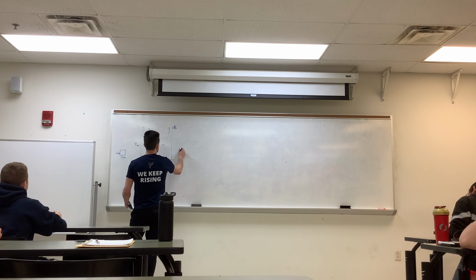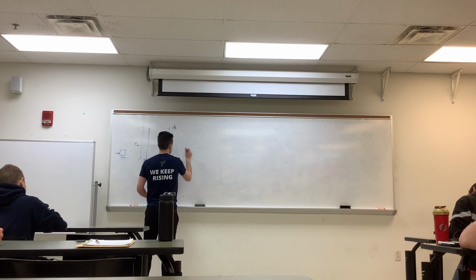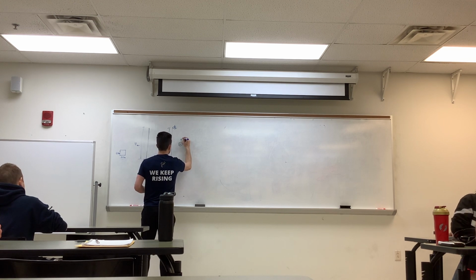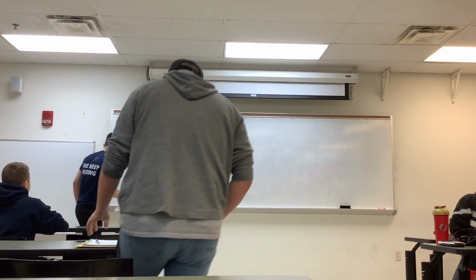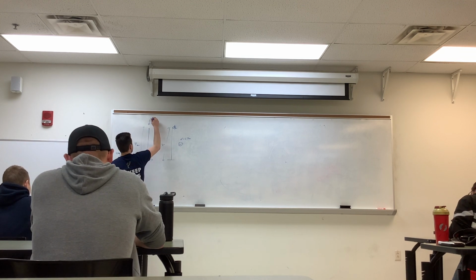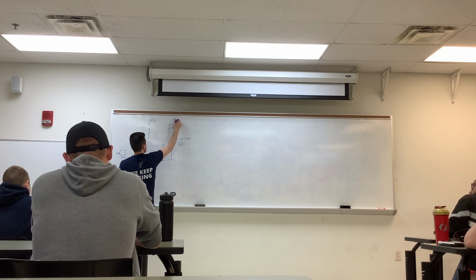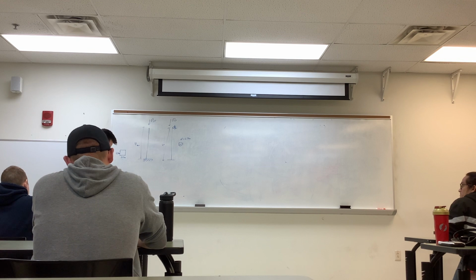And then this one is a circular cross section with a diameter of 0.75 meters. So what we're going to do for this problem is find which one is better for this 4 meter section, meaning which one between the two has the better critical buckling load.